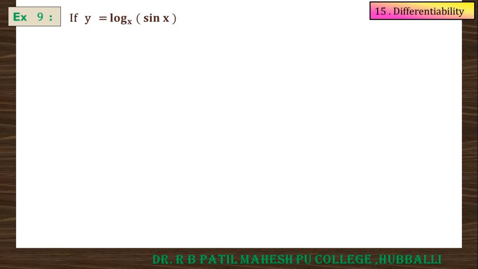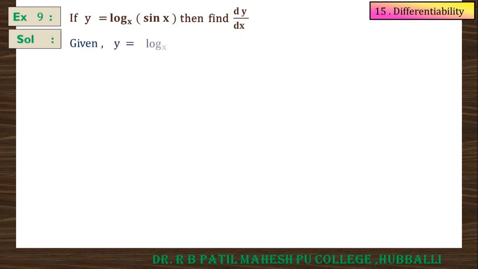If y is equal to log of sin x to the base x, then find dy by dx. Now dear students, the base is not a number, it is also a function x. In this case we compulsorily have to use the change of base formula. If the base is a number, you can write the answer directly. If any function is there in the base, we should not follow that direct method of differentiating.